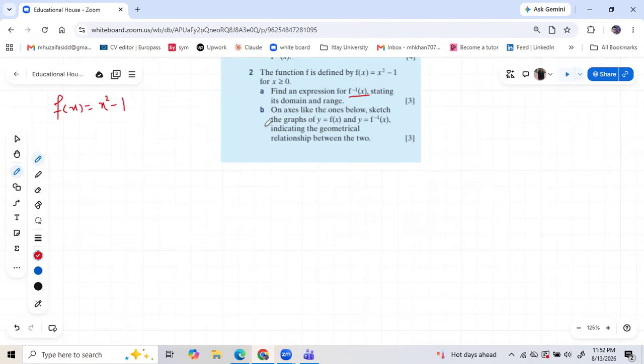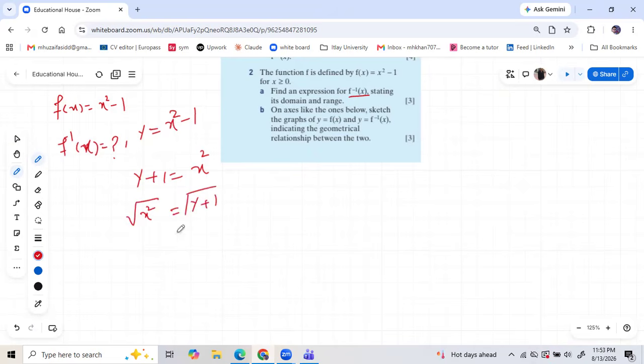First, we want to find the inverse of this function: y equals x squared minus 1. So y plus 1 equals x squared. To remove the square, we take the square root on both sides. So x equals the square root of y plus 1.